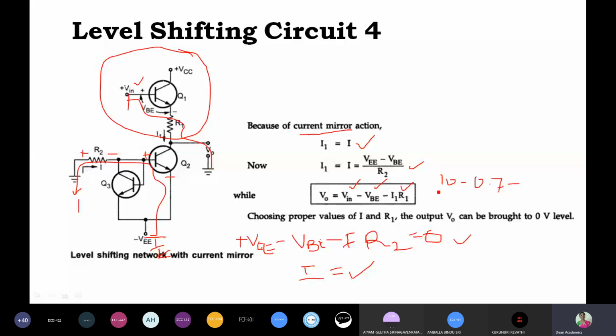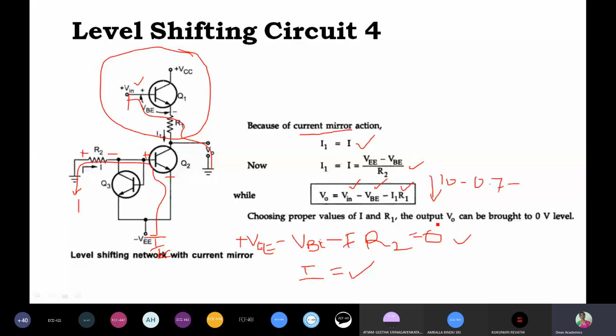V0 comes down. So if you select properly in such a way that you get this product more or less equal to somewhere around 9 or 9.3, then it will become 0.